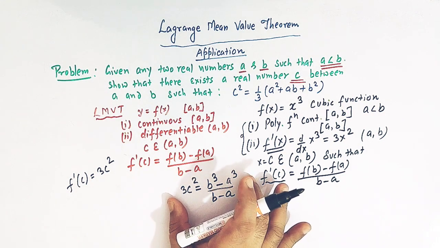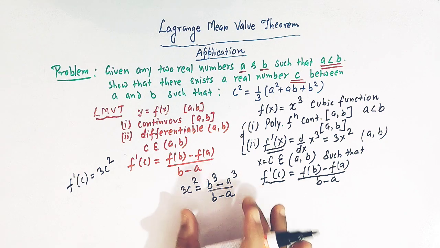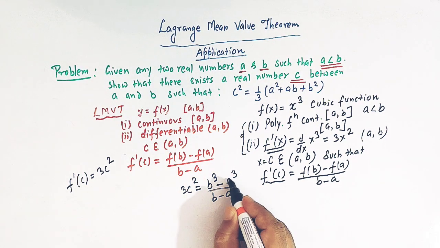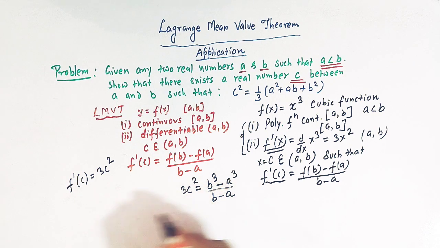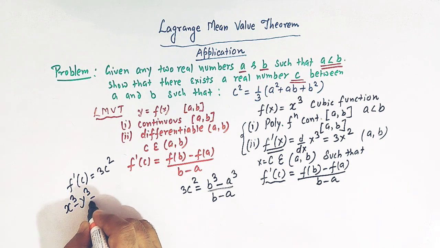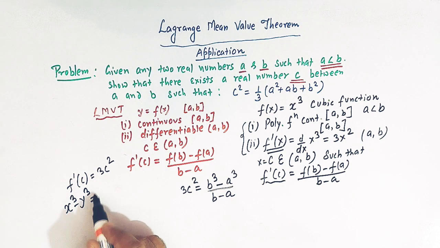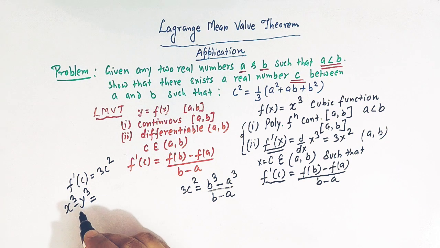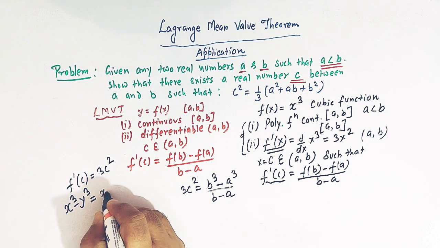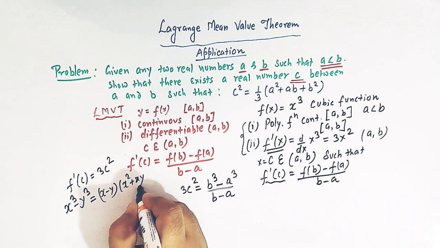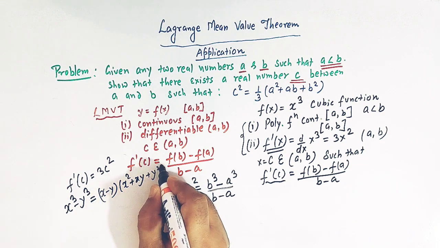Now we have a simple algebraic expression, and in the numerator we have a well-known identity, x cube minus y cube, a famous identity in college level algebra. So x cube minus y cube is x minus y times x square plus xy plus y square.